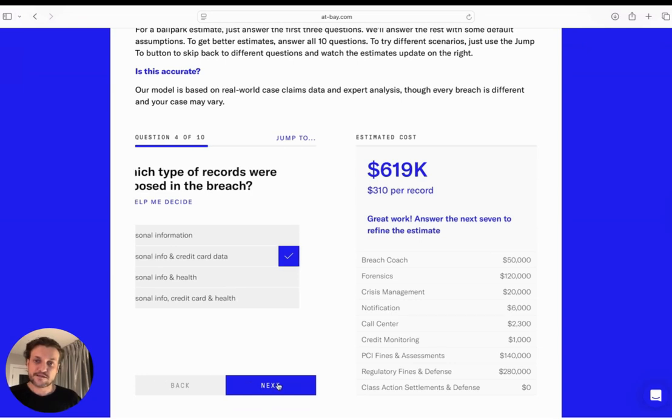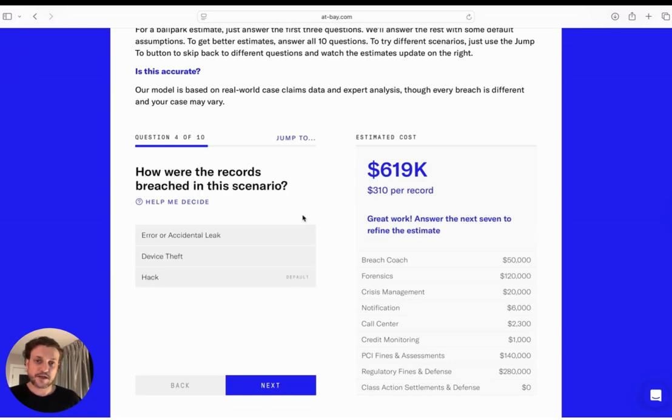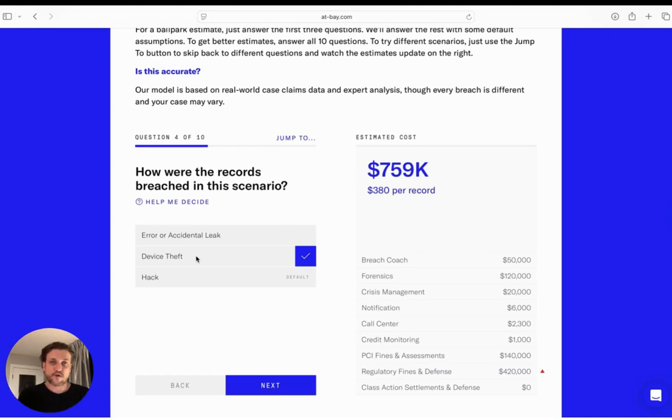You click next, you can poke around a little bit, play around with this calculator. For example, we can say, okay, data breach happened because someone stole one of our employees' laptop while he was on vacation. He was enjoying his margarita on a beach somewhere, and someone stole his laptop or phone, and we have a data breach.